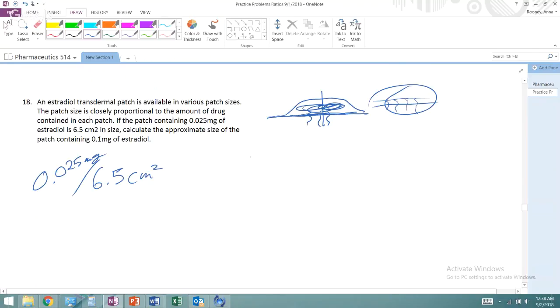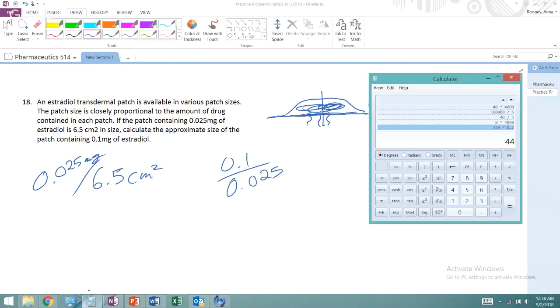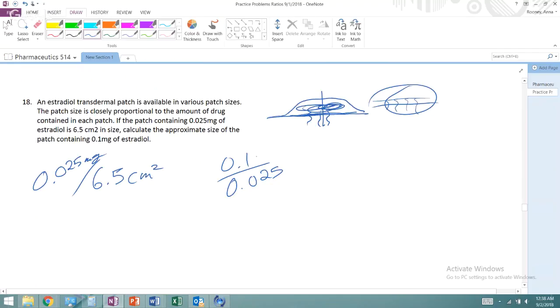I'll pull up the calculator. I should be explaining what I'm doing. Okay, so this goes into that 4 times.